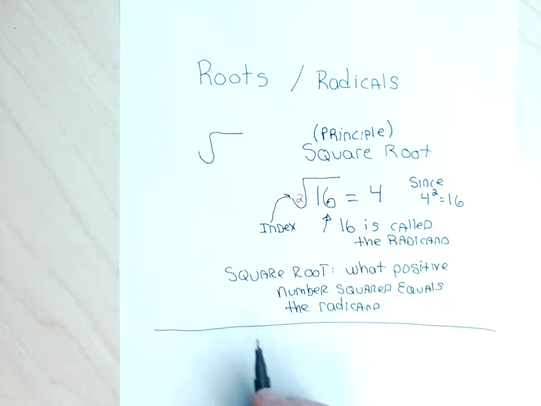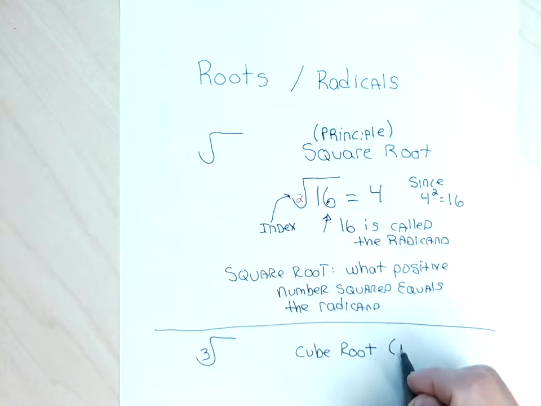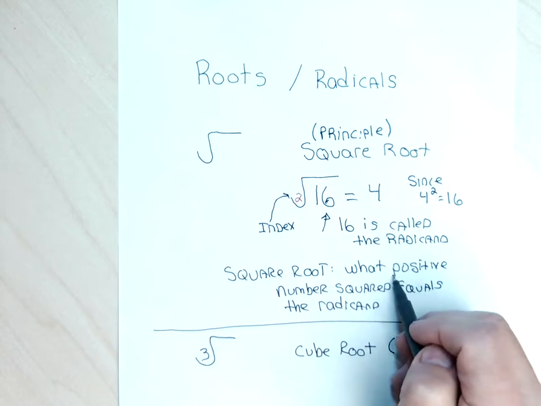In our class, we'll do lots of radicals. This is going to be a cube root symbol, or cubed root symbol. And in this particular problem, the index is 3. And the cube root symbol asks what number cubed equals the radicand, and it doesn't specify positive.